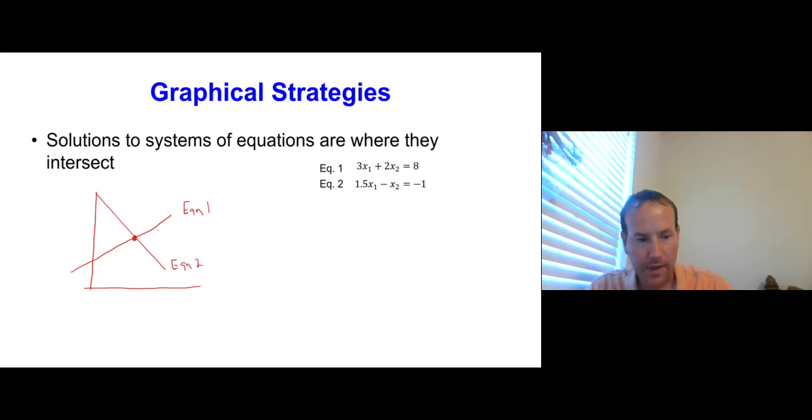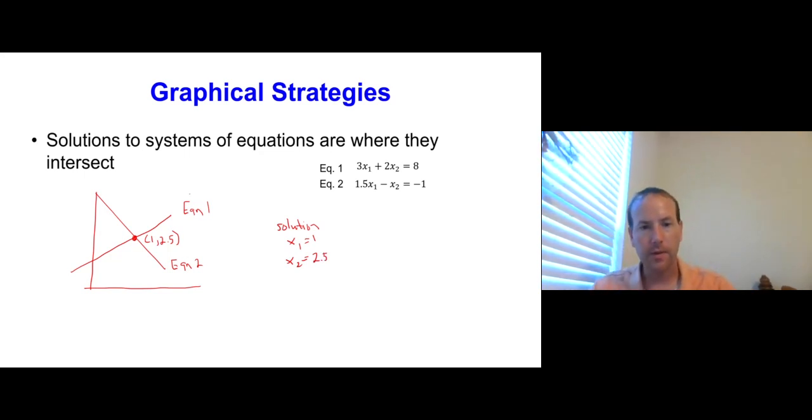And in this case, if you do that carefully, more carefully than I've done here, you could find that the intersection is at 1.25. So that would mean that the solution is x1 equals 1, x2 equals 2.5.